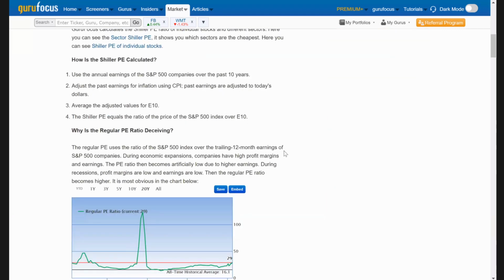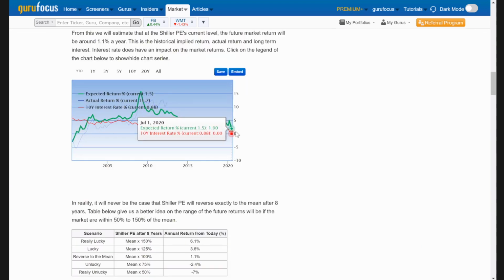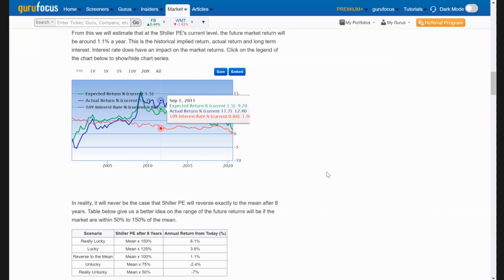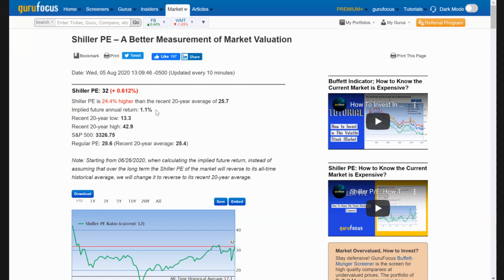From this, we can also project the future market return. The green line here is the projected future market return, and the blue line is the actual return. You can see that they overlap pretty well too. And with the Shiller PE model, the future market return will again be quite low, around 1% including dividends. So this is the market.